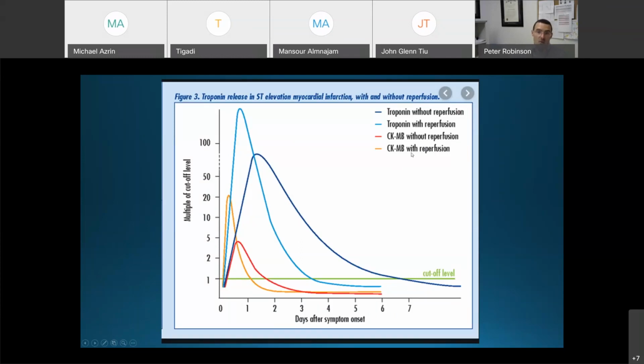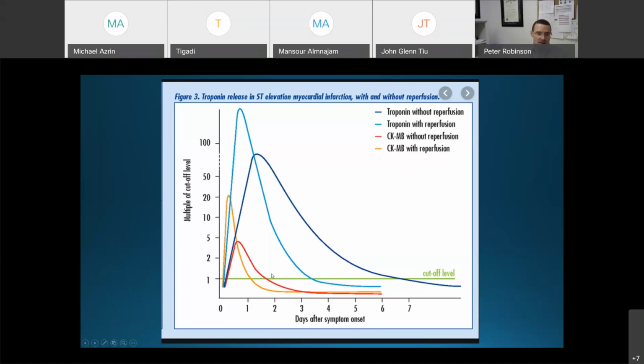You have to know that even without reperfusion, the troponin peak from an index event doesn't occur for 36 to 48 hours after the event. So if you've got a troponin that's markedly high, you guys know that's at least 6 hours, but trying to time things can be helpful.